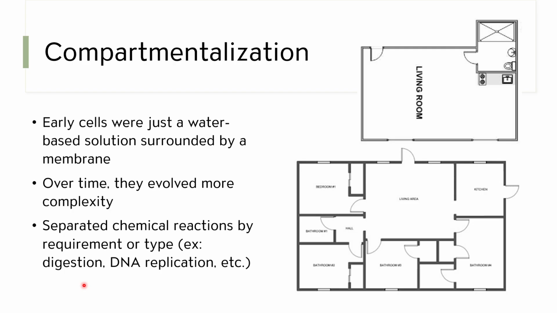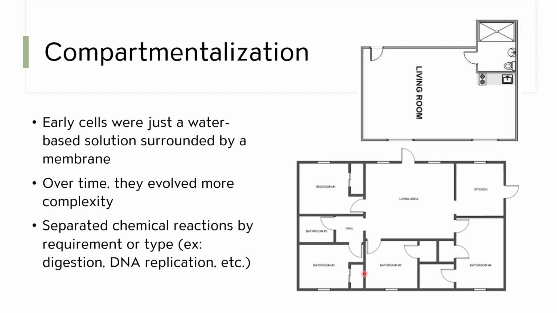We don't really want all those things around when we're doing something as important as DNA replication. So it would be nice if we could do DNA replication in one area and stick all of the acid and all of those digestive enzymes in a separate area where they won't interact with each other. That's basically how this started to occur. And eventually, each of these little compartments became the organelles that we know and love, sort of.